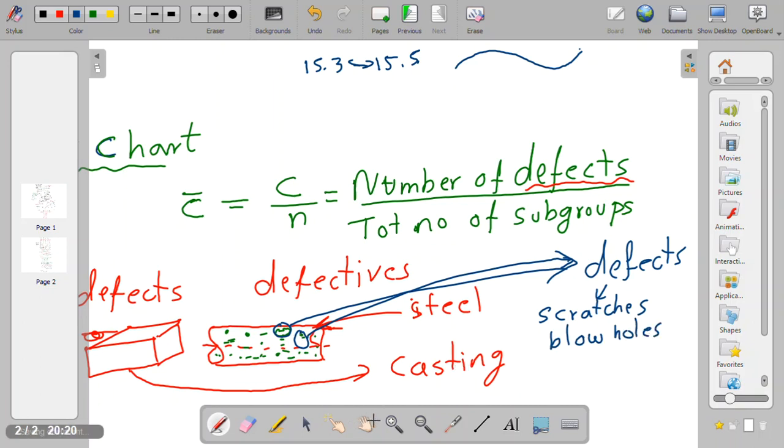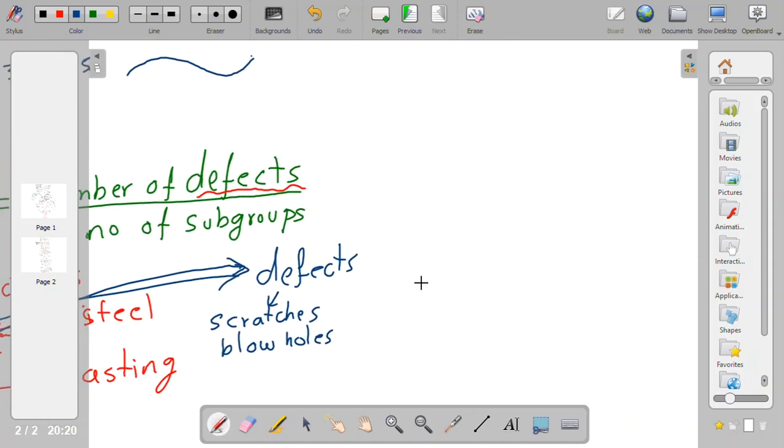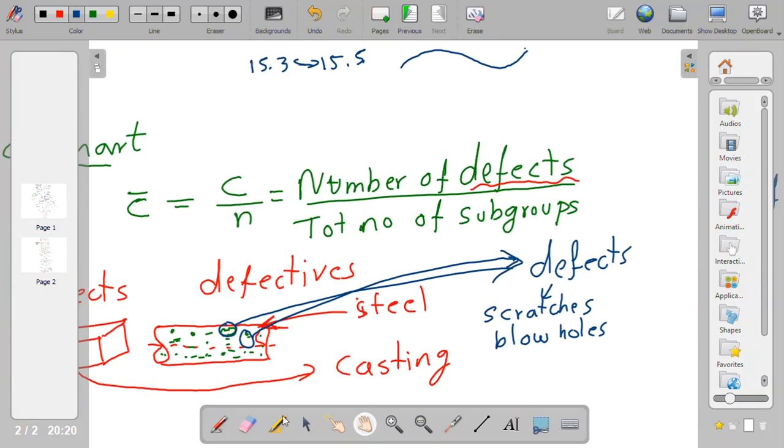And what is defective? Defective means, such a shaft with defects, I can consider as one defective. So in this one defective many defects are there.